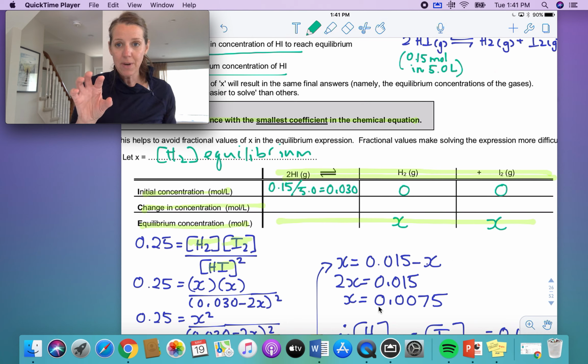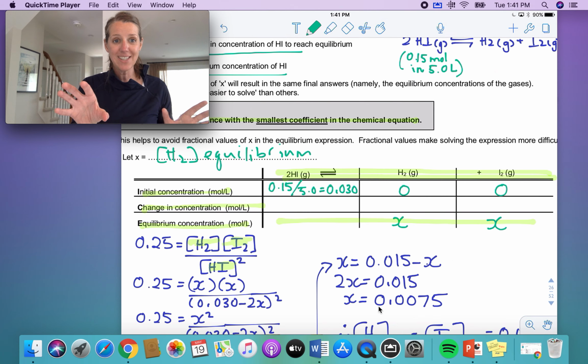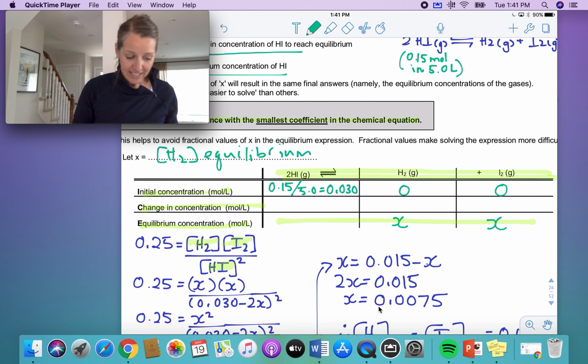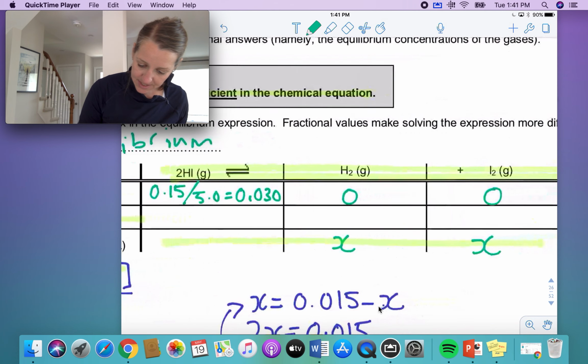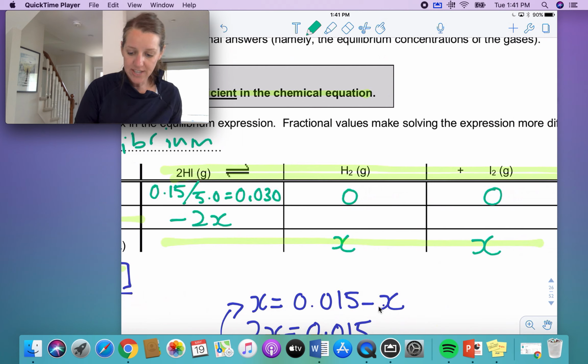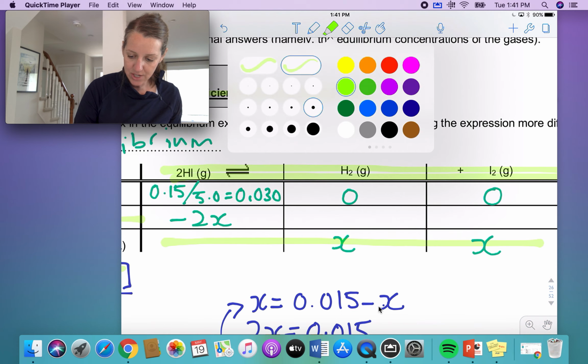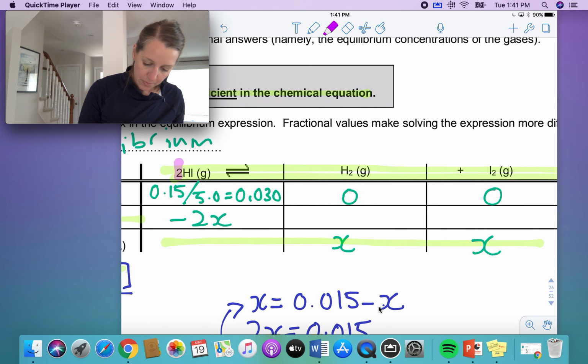I know my concentration to begin with is only 0.030 moles per liter of the hydrogen iodide gas. Clearly, this concentration is going to decrease by a factor of 2x. Where does that 2 come from? Let me change the color so you can see it.